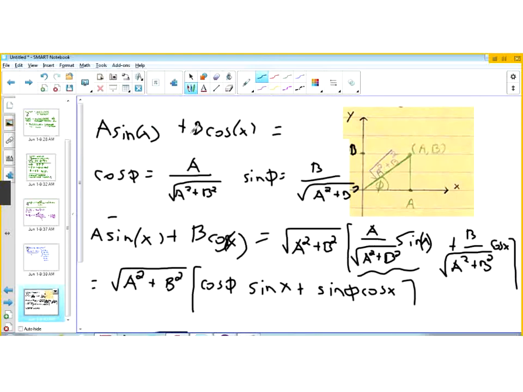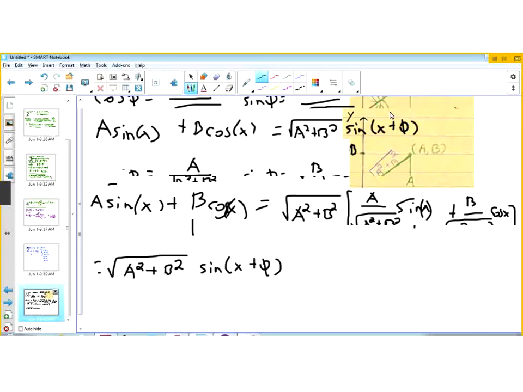Okay, so it turns out that this sum, a sine x plus b cosine x, is equal to the square root of the sum of the squares of the amplitudes, which is your new amplitude, times the sine of x plus phi. Okay, and phi is your phase shift.